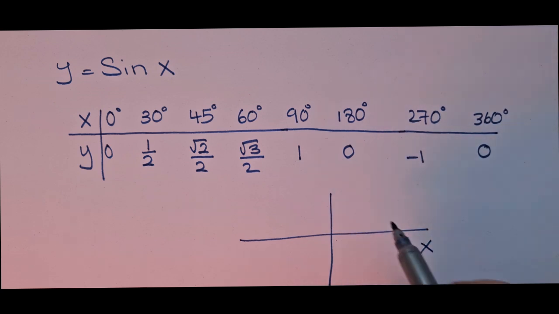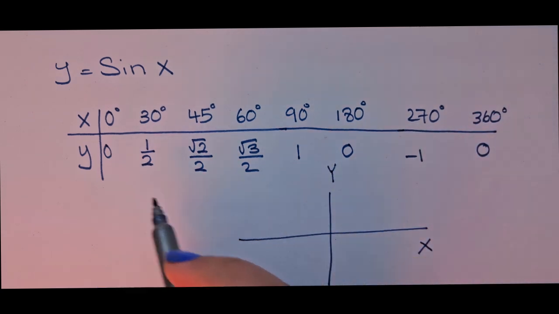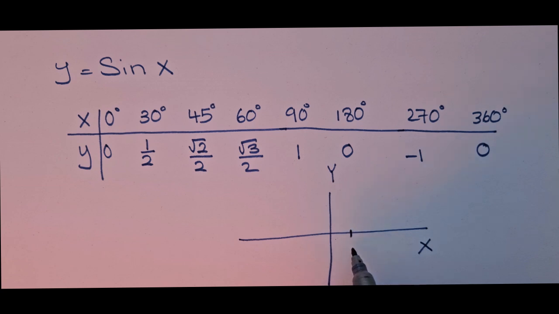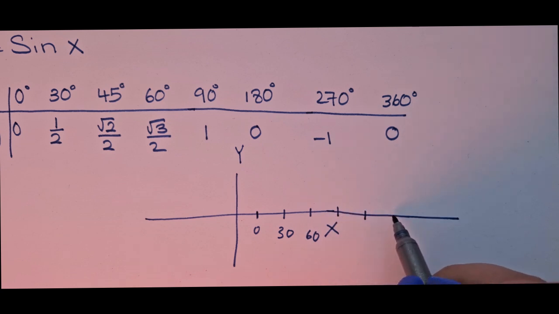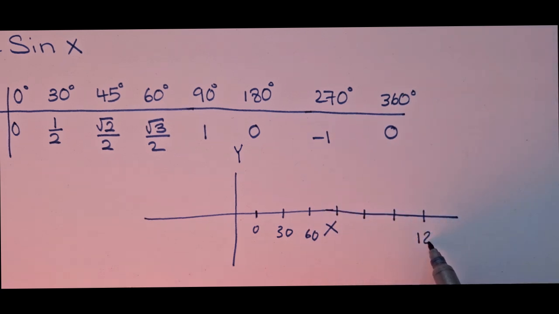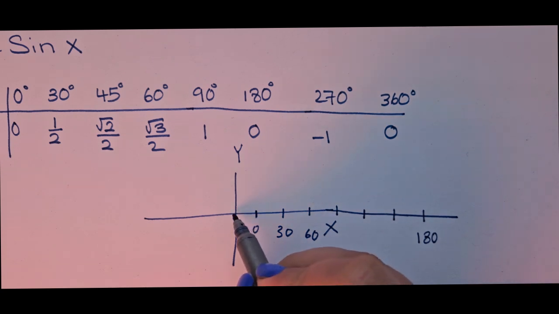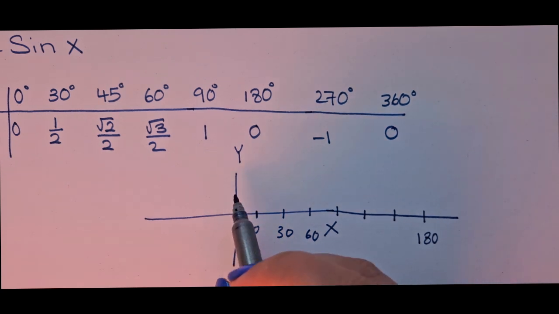So this is your x, this is your y. Remember, x, this is how I go: 0, 30, 60. Okay, I have to elongate it. So 90, 120, 150, 180. Okay, so sine of 0 is 0. Sine of 30, so if this is 1, this is negative 1.